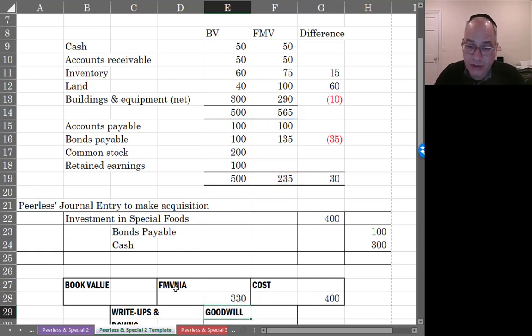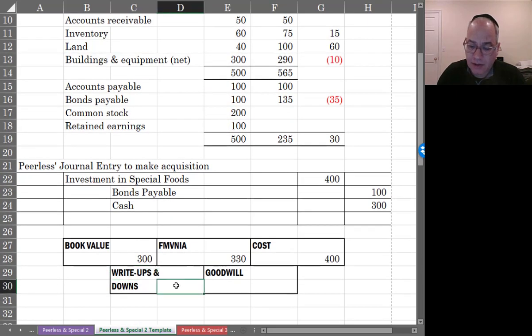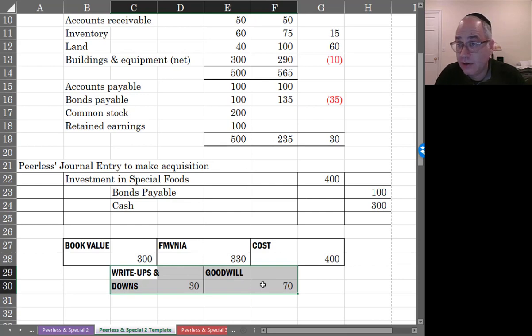So that's $330, and the book value is $300,000. So write-ups and write-downs are equal to $30,000, which is what we got there. And therefore, goodwill must be $70,000. So write-ups and write-downs of $30,000 plus goodwill of $70,000 would account for the full difference between the cost of $400,000 and the book value of $300,000.